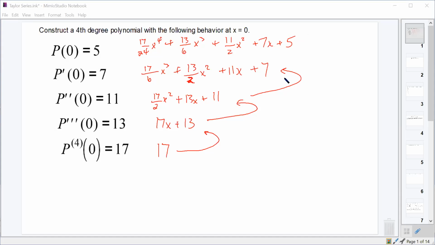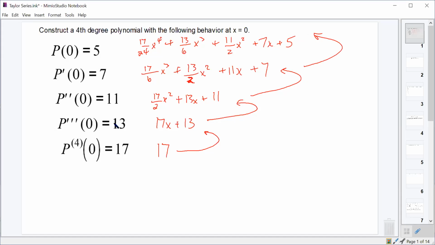Everyone agree with that? We just sort of worked in reverse, knowing what our fourth derivative needed to be at 0. And so every time I can just integrate and plug in that same constant that I get each time, right?